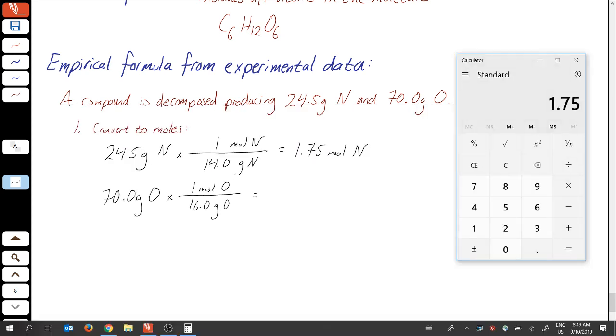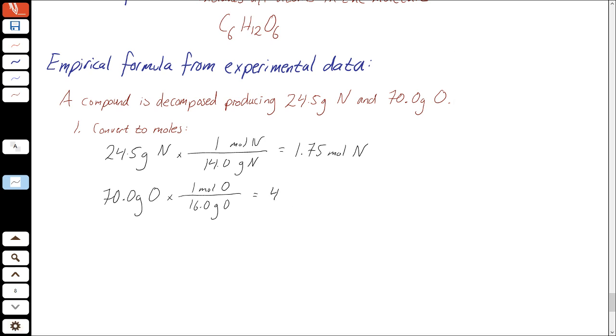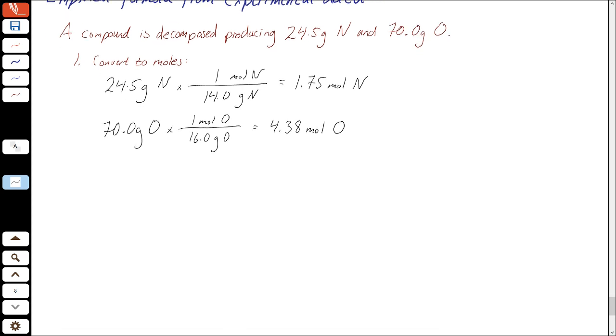Molar mass of oxygen is 16, so 70 divided by 16 is 4.38. Okay, so at this point we actually do have an empirical formula, it's just not really the way that we usually write one.